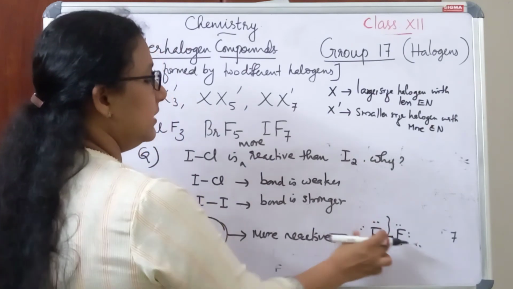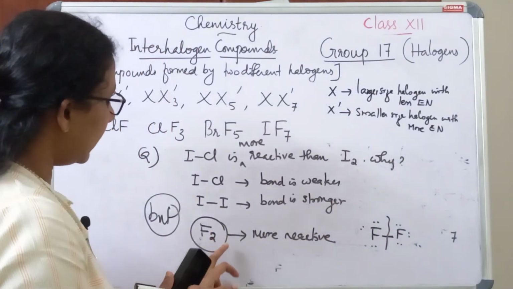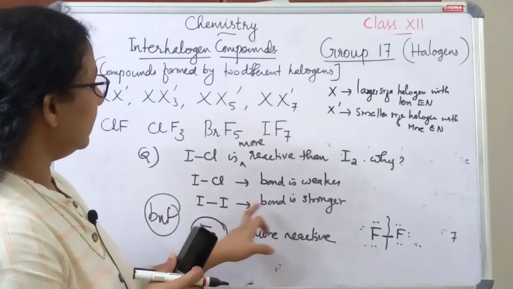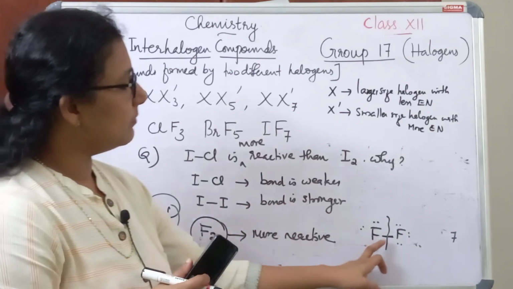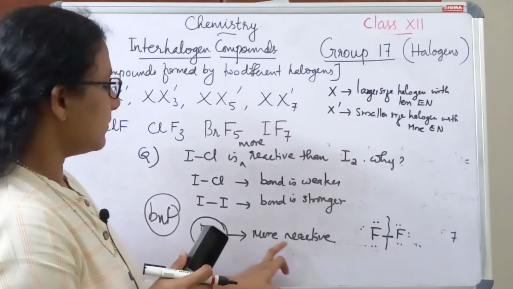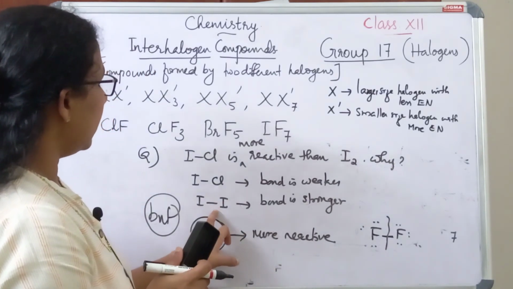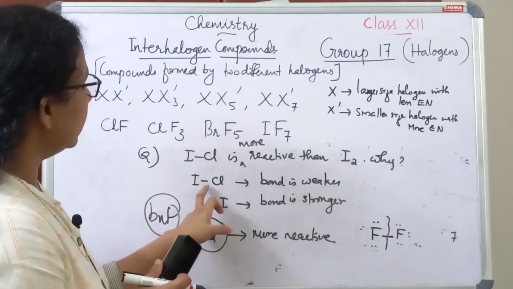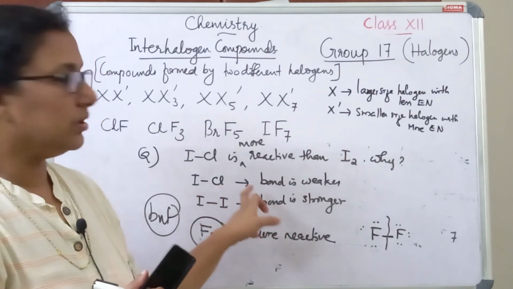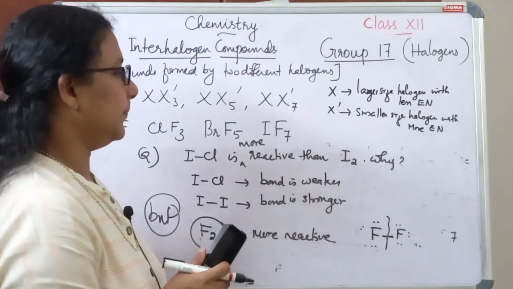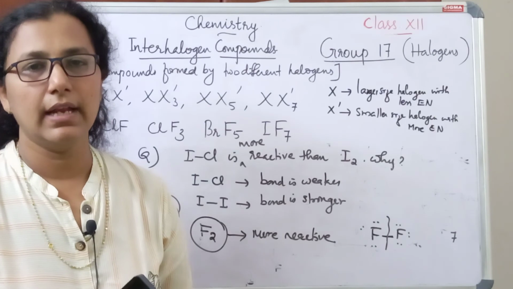So this is more reactive. So in the case of fluorine, it is more reactive. But in the case of iodine, the bond is stronger. So in this case, the bond is weaker. So it is an exception. Fluorine is more reactive. But in the case of iodine, the bond is stronger. So it is less reactive. In the case of an interhalogen compound, the bond is weaker and that is more reactive. So this is about interhalogen compounds.